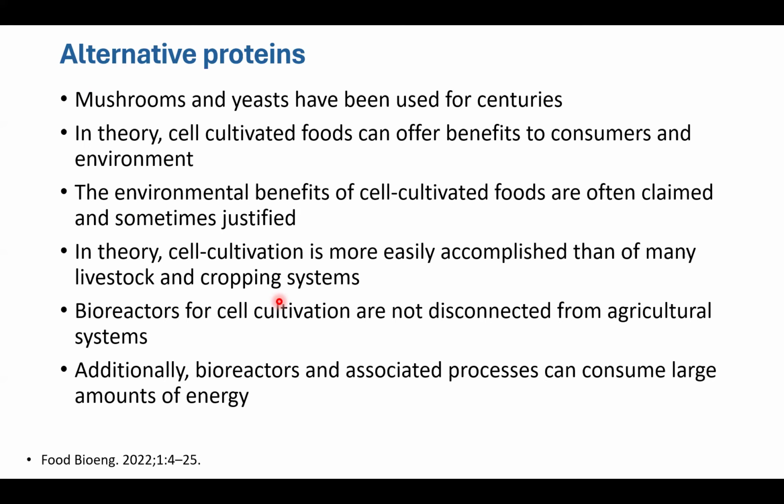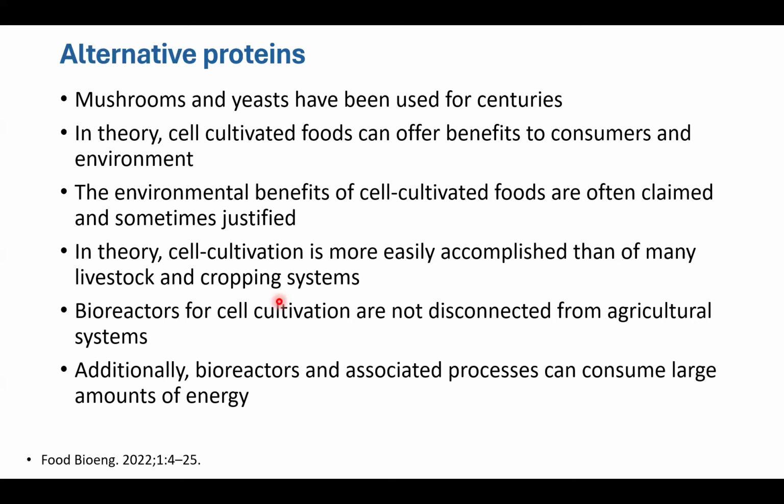However, the effect on the environment may not be well understood, because production of these cells depends on agriculture for producing the source of raw materials that can be used for cultivation.